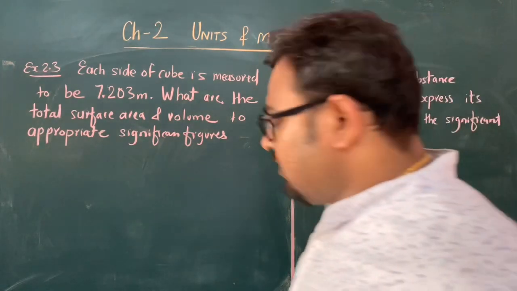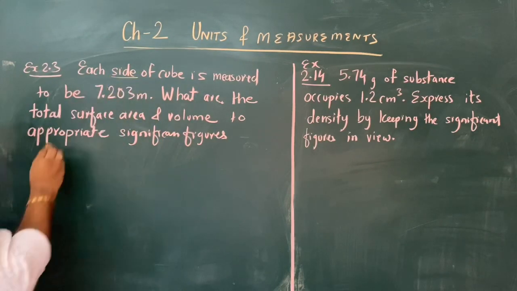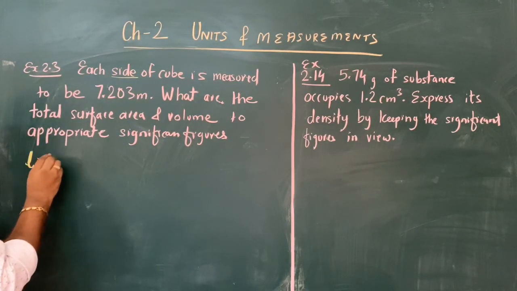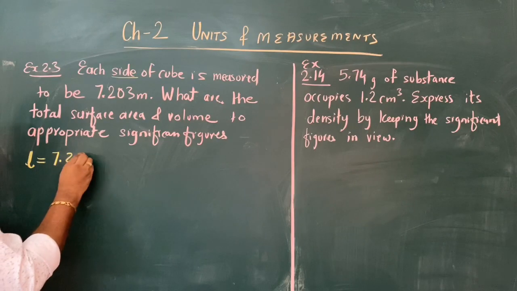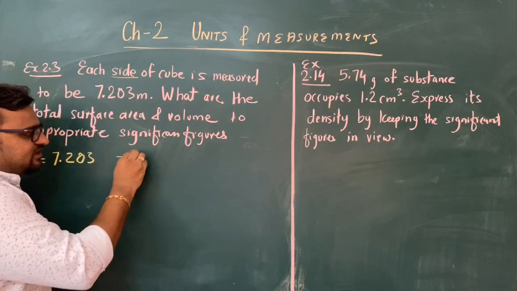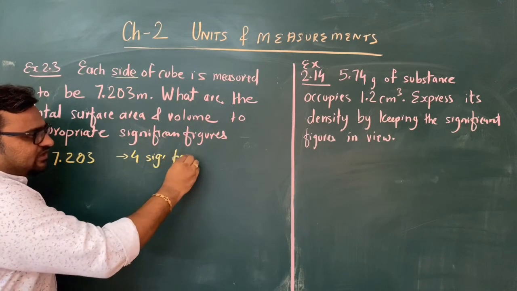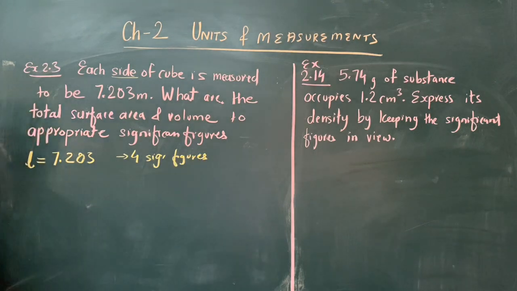Clear? So now, see, the side that is equal to 7.203, how many significant figures is it having? Four significant figures.